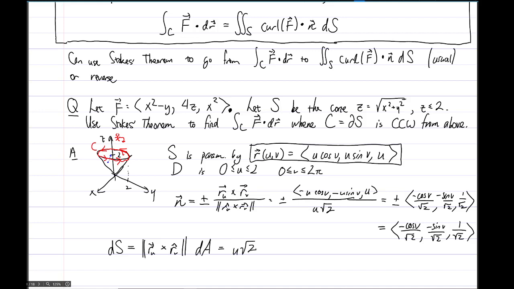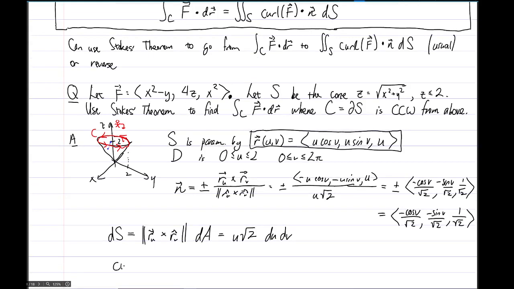And then for dA, let's just go with du dv. Okay, so we've got the dS part, and we've got the n vector right here. We will also need the curl of F. Okay, so the curl of F.